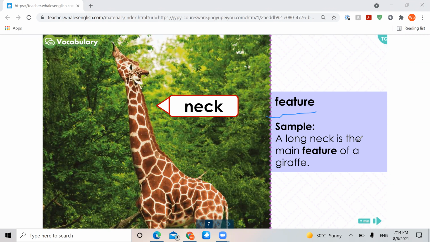Oh, what's our next word? Feature. Let's say it again. Feature. Feature. Wow. What's this? That's correct. It's a giraffe's neck. Giraffes have very long necks, and that's its main feature. Let's take another example.